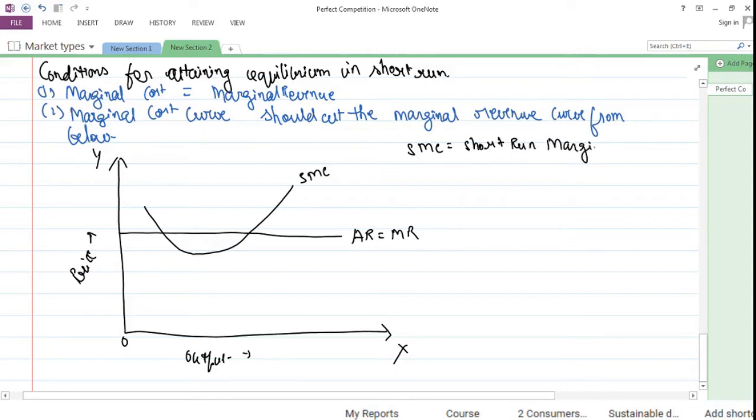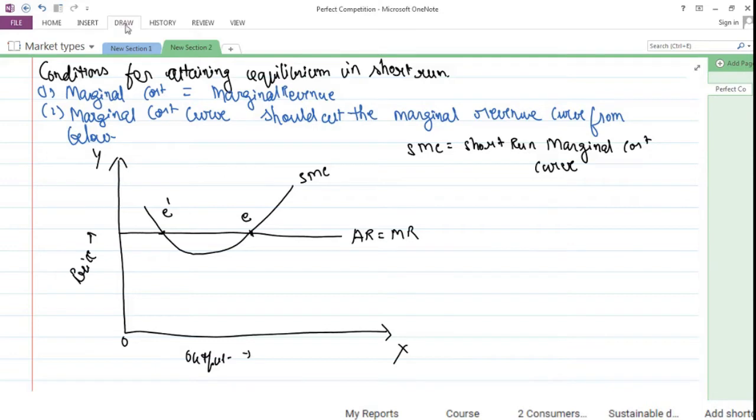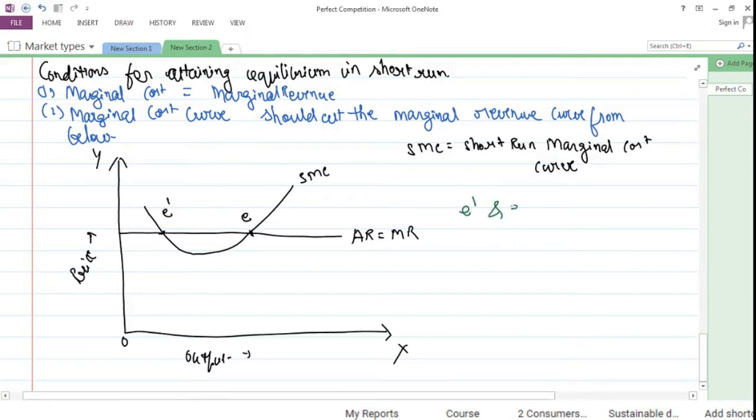So at this stage what we see is that there are 2 points. This is E dash and this is E. Okay. So our condition states that marginal cost should be equal to marginal revenue at both these points, that is at E dash and E.